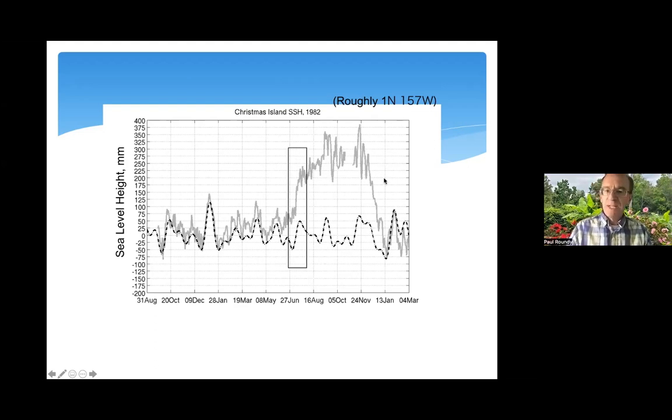In order to have predicted the 1982 El Nino event, you would have had to have predicted this upswing. Maybe if you had a good model that knew this was a favorable time, you could have predicted it starting a little earlier or later, but you have to be able to predict the mechanism by which it forms. We still do not do this very well this time of the year.